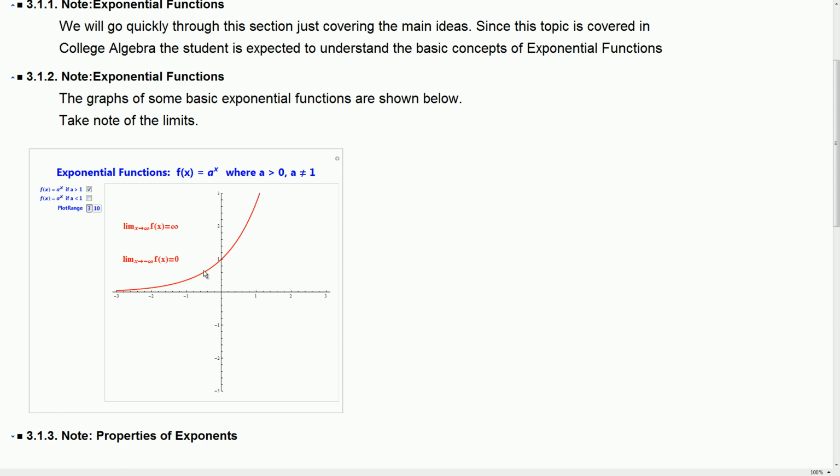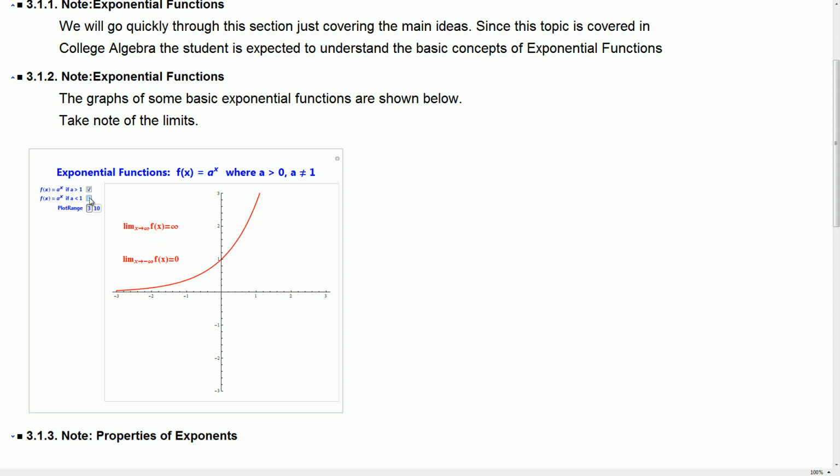As x approaches negative infinity, you have a horizontal asymptote at 0. So your function approaches 0 as you approach negative infinity. Also, remember that if you plug 0 in for x, you get a to the 0, which is 1 for any base a. So that's the basic idea of a to the x, where a is greater than 1.